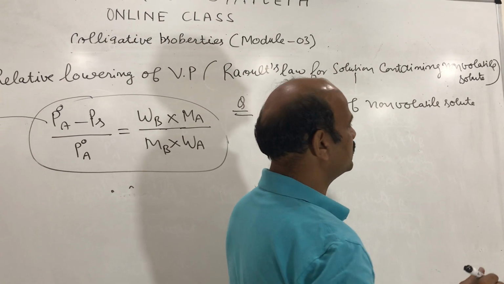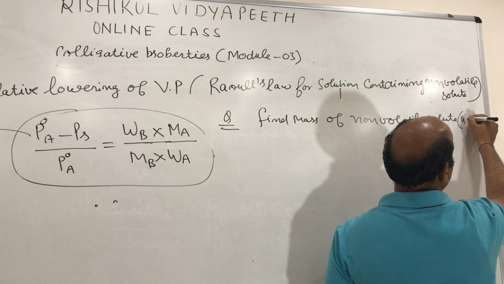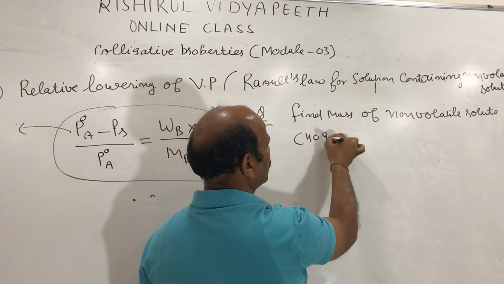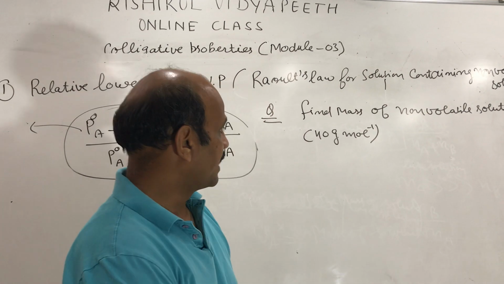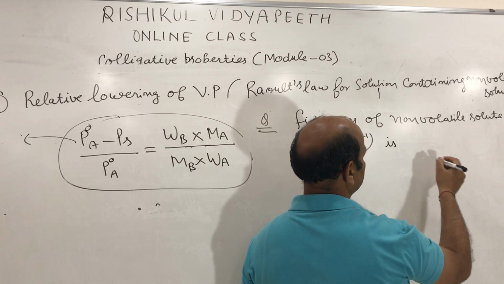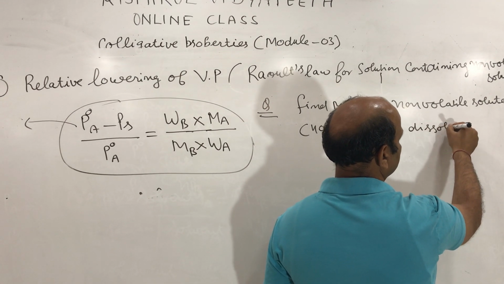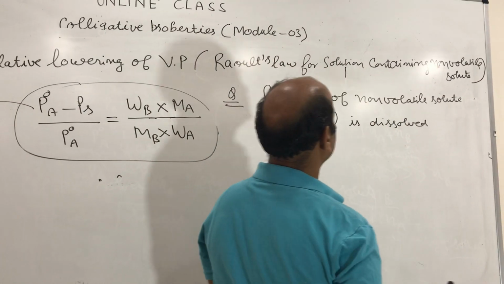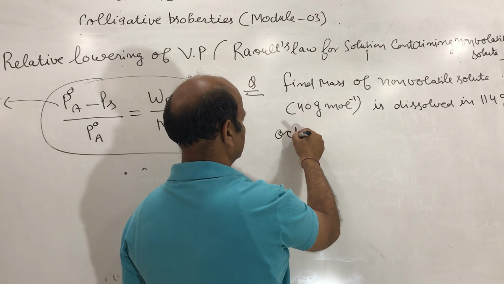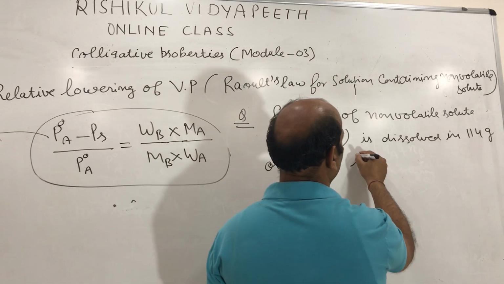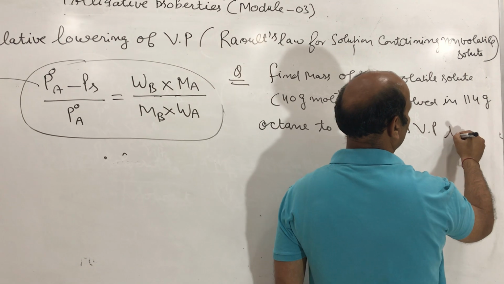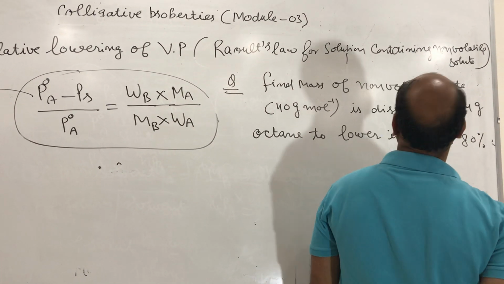Find the mass of non-volatile solute having molar mass 40 gram per mole, which is dissolved in 114 gram octane to lower its vapor pressure to 80%.